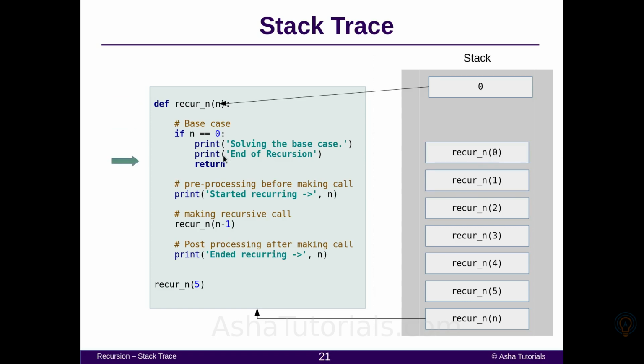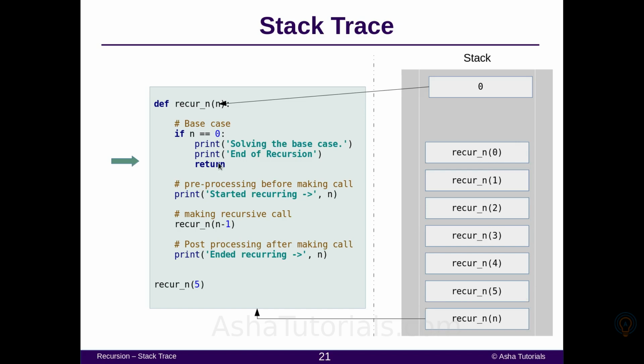In this case it will execute the base case and return for the first time. So until it has reached the base case, these are the recursive function calls which are still to be completed.